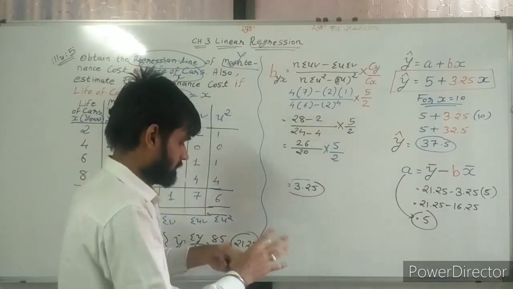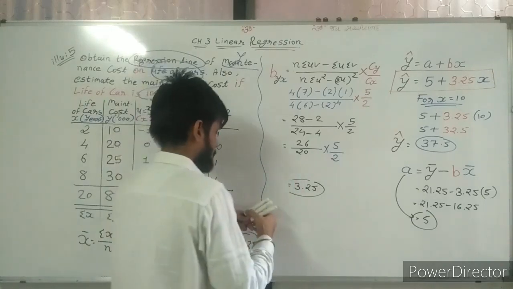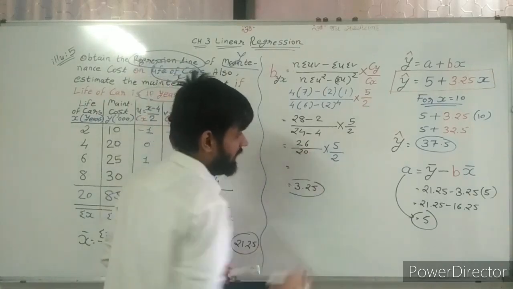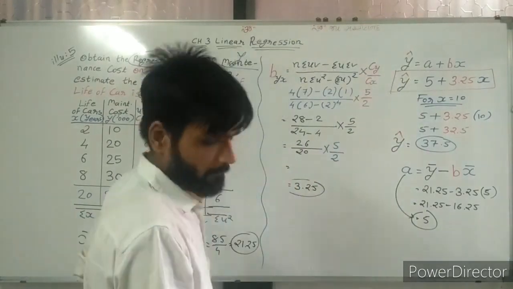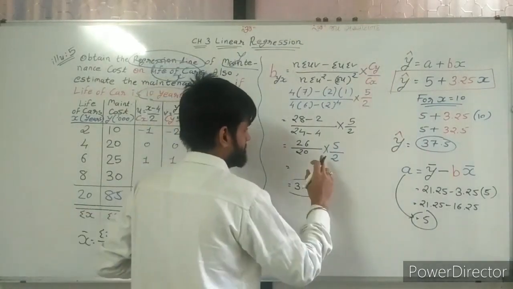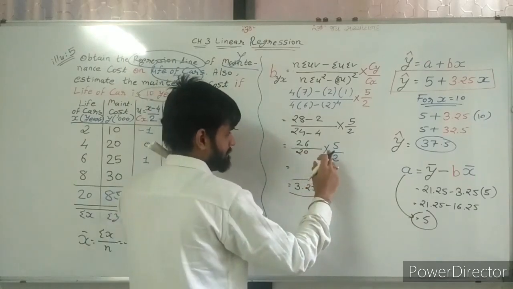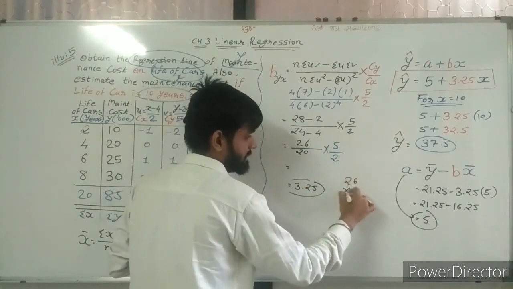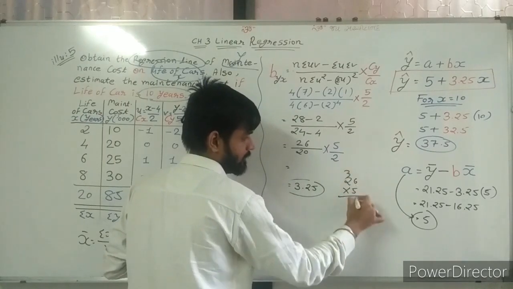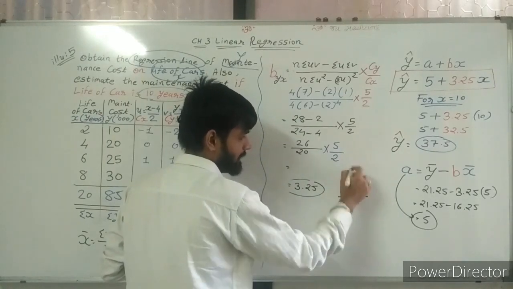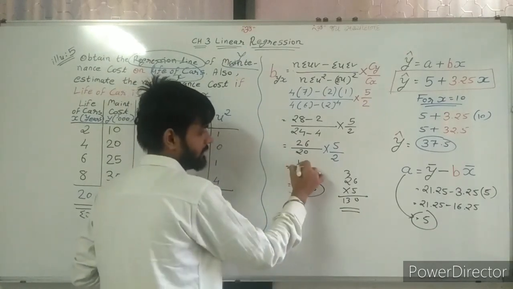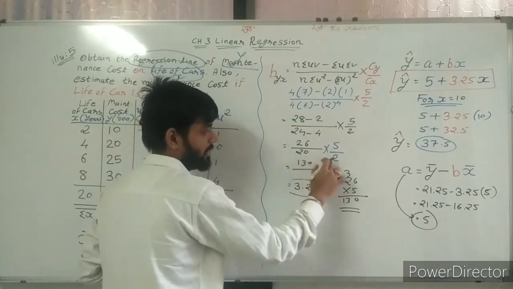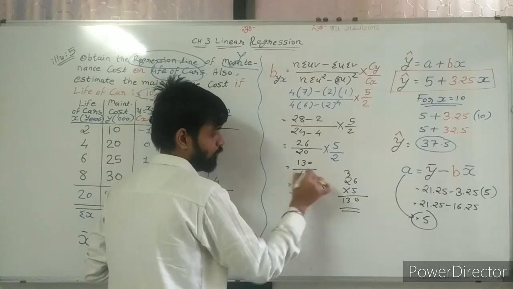26 into 5. 6 5s are 30, 2 5s are 10, 10 plus 3, 13. So 130, divided by 20 into 2, which is 40.